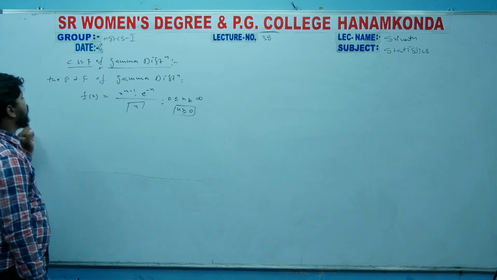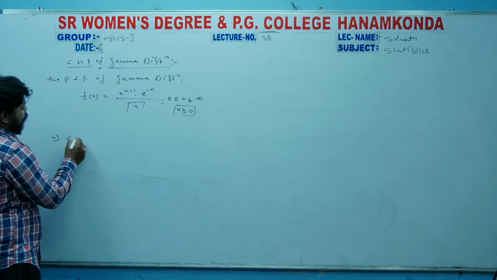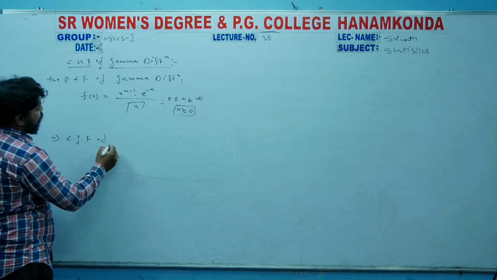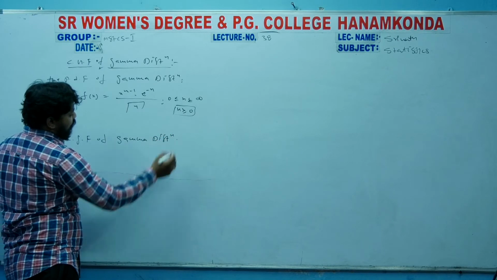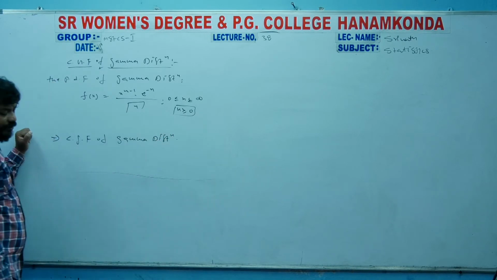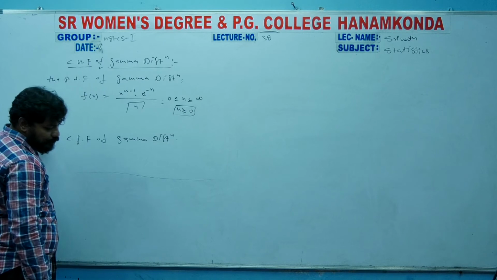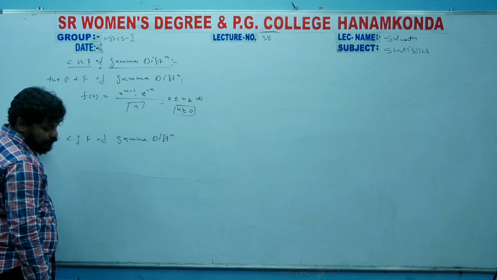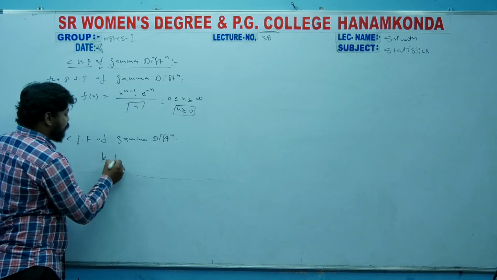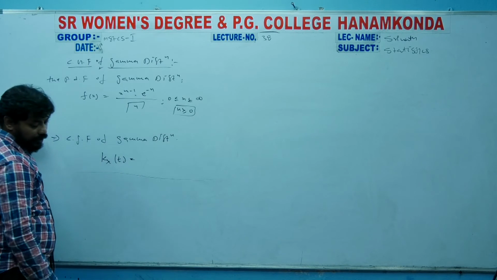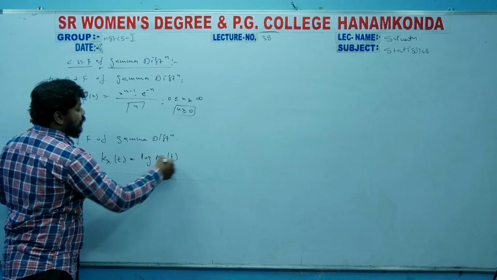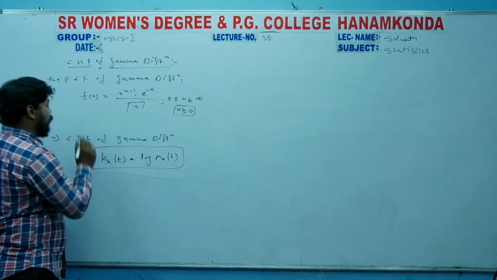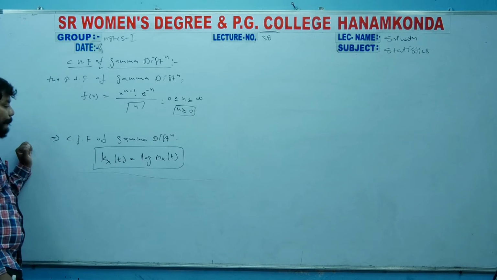And the cumulative generating function of gamma distribution is given by Kx of t is equal to log of Mx of t. This is the formula of the cumulative generating function.